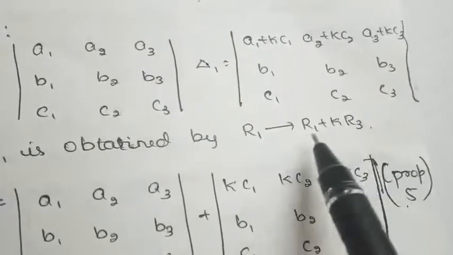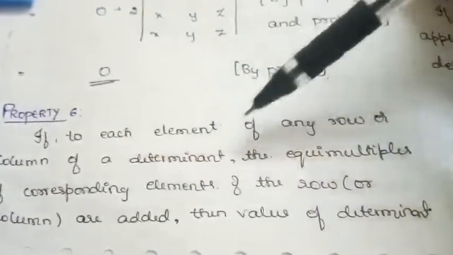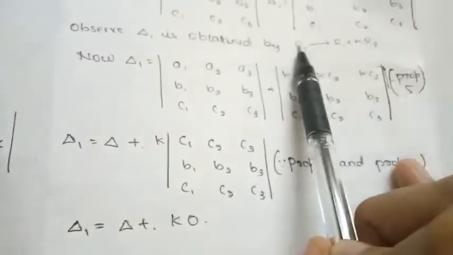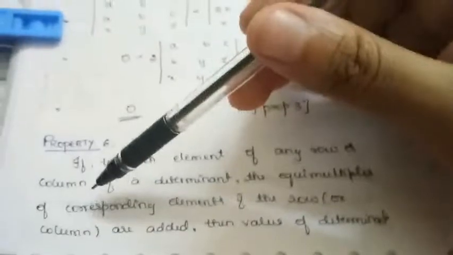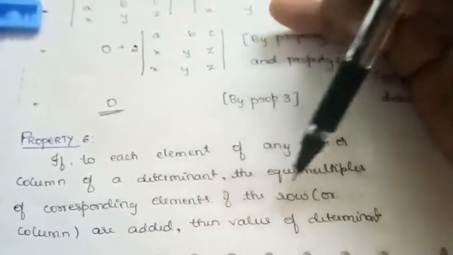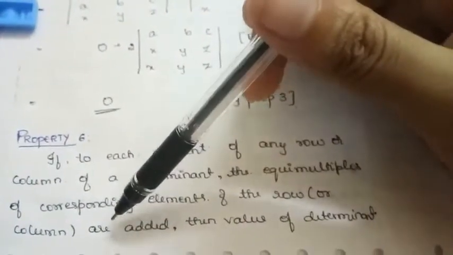So we need to apply a row operation in this manner. That is what the property says: if to each element of any row or column, the equimultiples of the corresponding elements of a row or column are added.